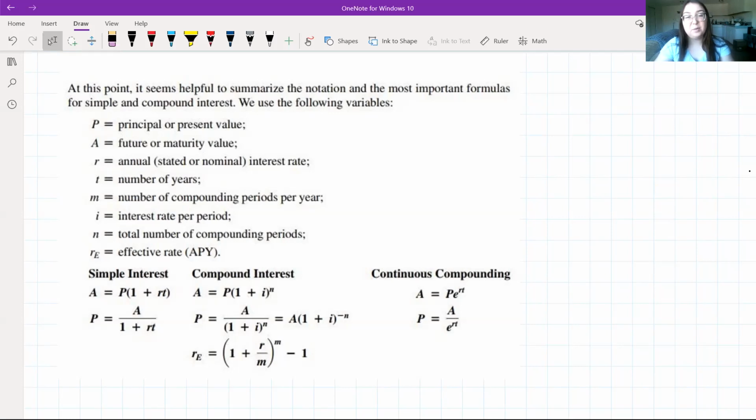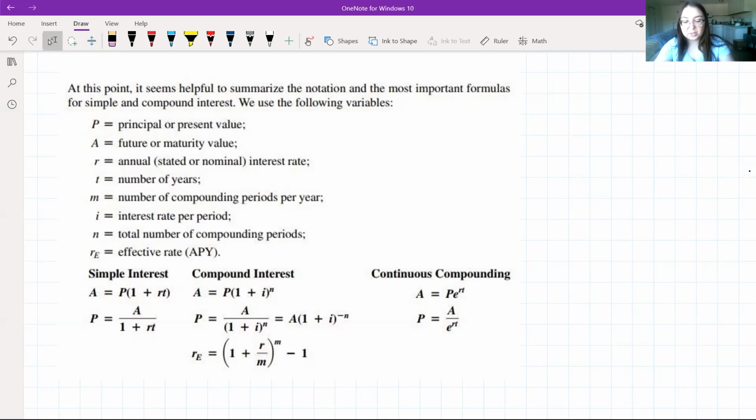Then we have T, which is our number of years, M, which is our number of compounding periods per year. Then we have I, which is our interest rate per period. So whatever period you have, the only difference is that it's not annual. R is used for once a year, and I is used for anything that's not once a year.